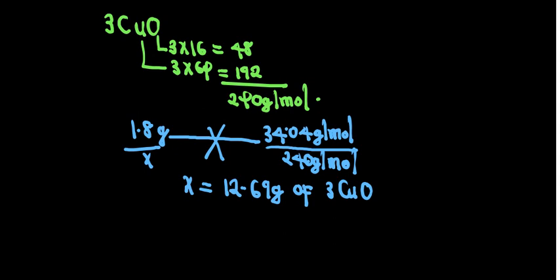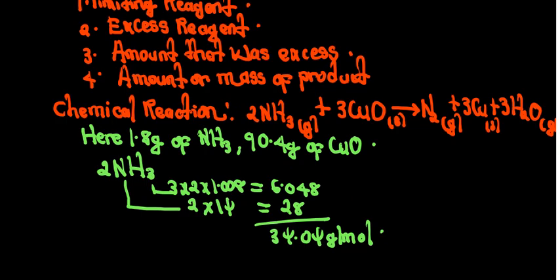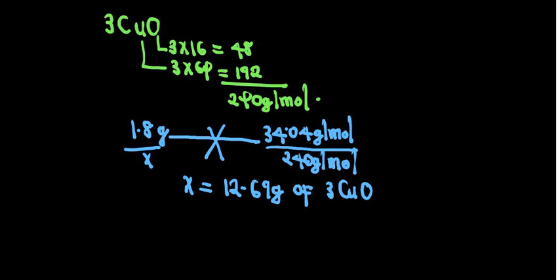Let us look at what we were given. In this chemical reaction, we were given 90.4 grams of the copper oxide as what we needed for this chemical reaction to take place. But what did we have? We had 12.69 grams. So we were given more than enough. So this is true enough, and we can make our conclusion from here that this was in excess.